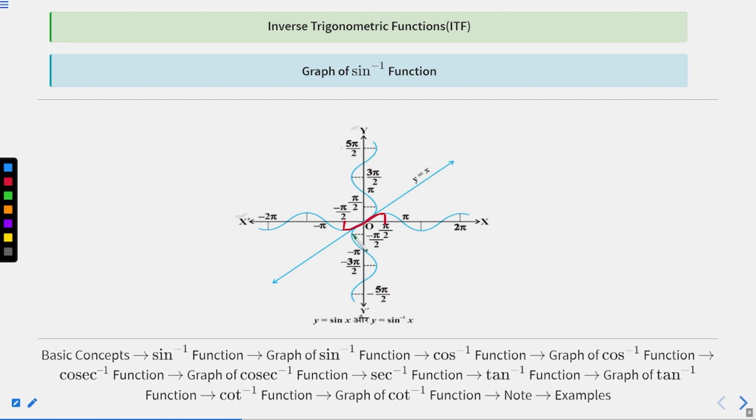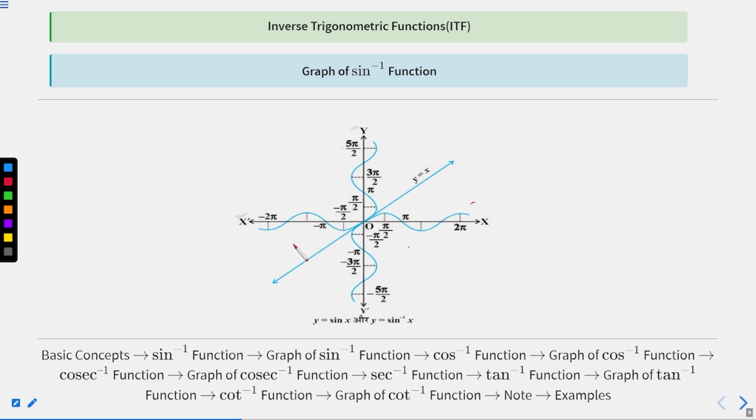As you can see, the inverse graph is this. Yes, this is my inverse graph. This is sine inverse, and this is the sine graph.